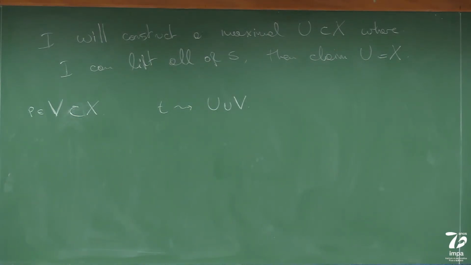So U is the maximal such that there's a section of G that maps to S there. It's fine.